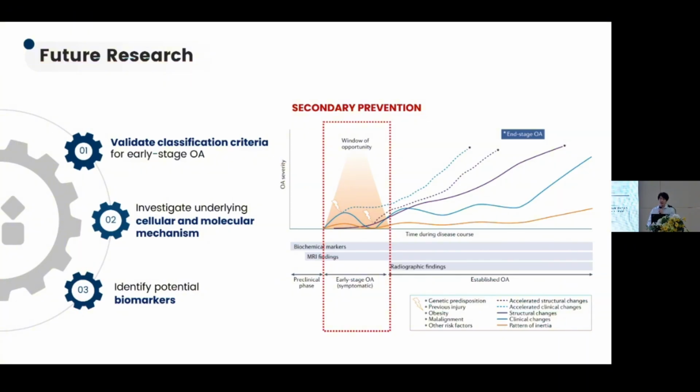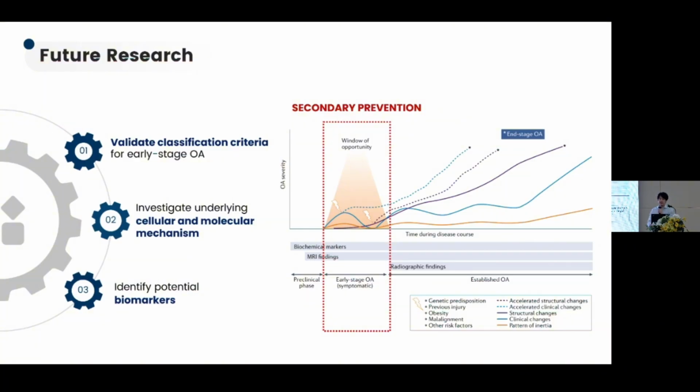Given that OA is an irreversible condition, allowing it to progress to the late stage can hinder the effectiveness of the treatment. However, initiating treatment in asymptomatic individuals may lead to over-treatment and over-diagnosis. So, the focus should be on those in the early stages, those who are symptomatic but without radiographic changes.